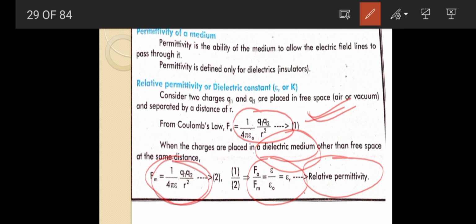It can be defined in two ways: as the ratio of electric force between two charged particles when they are kept in free space and in a dielectric medium, or as the ratio of permittivity of a medium to the permittivity of free space, epsilon naught. These are the two ways by which we can define the relative permittivity or dielectric constant. Clear?